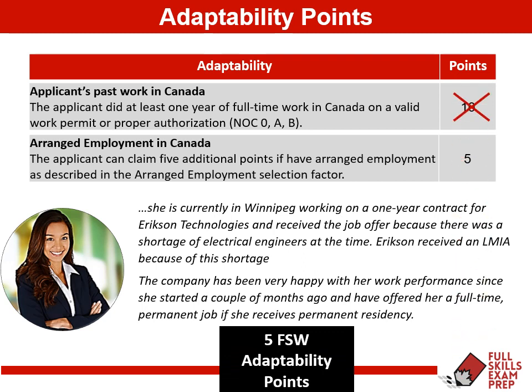So we could see that the company's been very happy with her work performance since she started a couple months ago. So currently she's been working in Canada only for a couple of months. But remember, for those 10 adaptability points for work experience in Canada, she would have to have worked for a year. However, she does meet those 5 points for arranged employment.